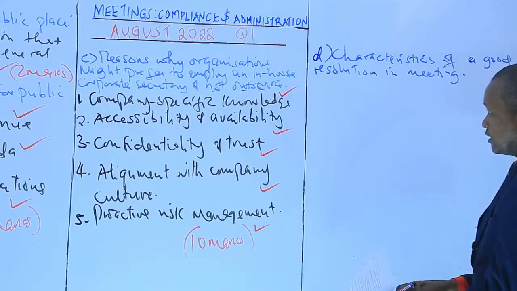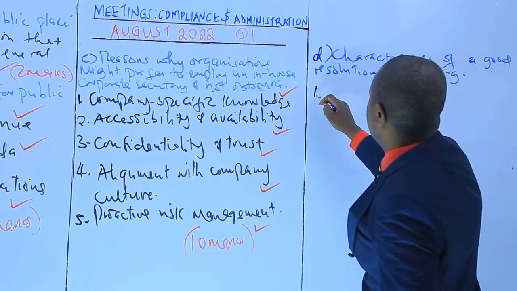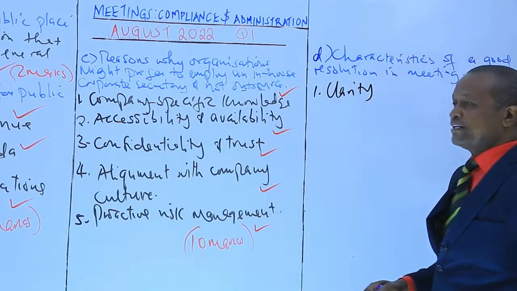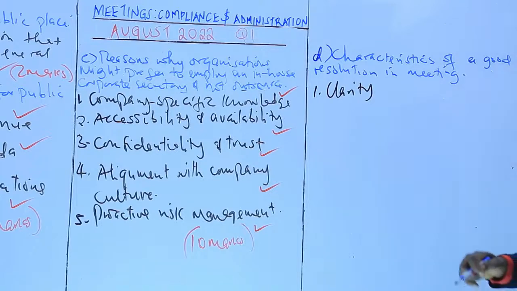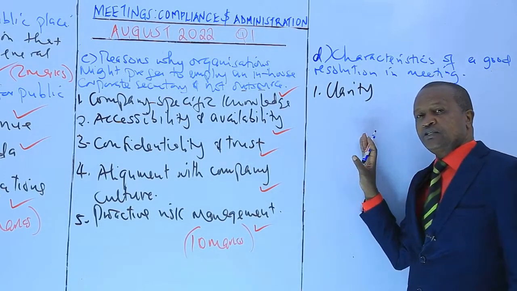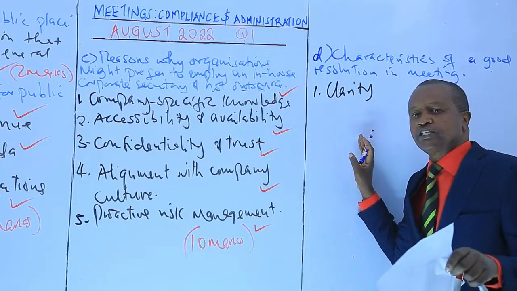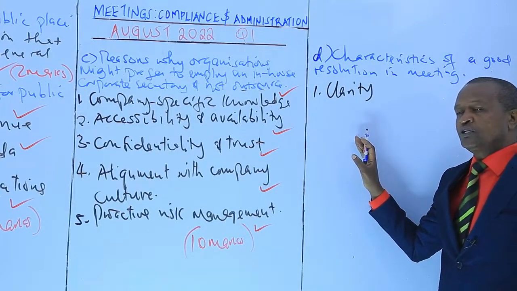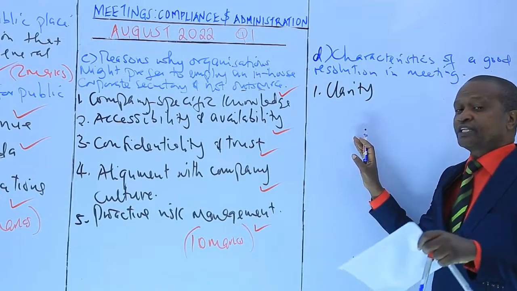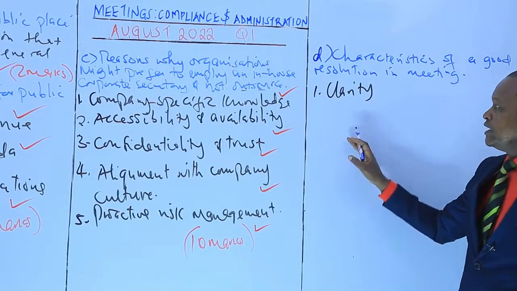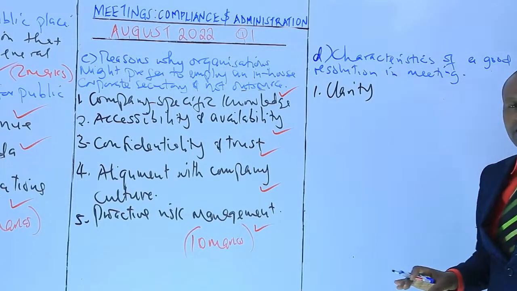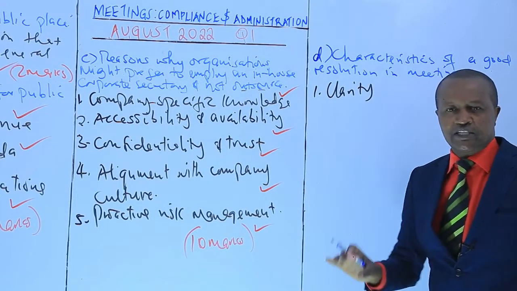Number 1, clarity. A good resolution should be clear and unambiguous, leaving no room for misinterpretation. It should clearly state the decision or action to be taken by the organization.